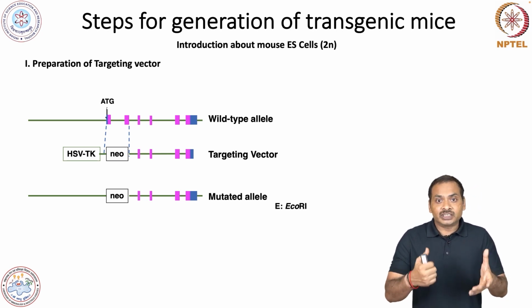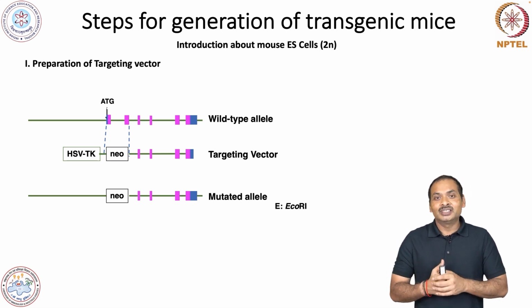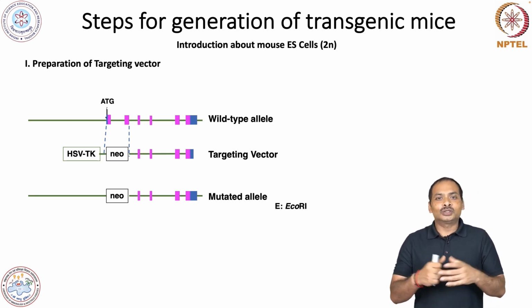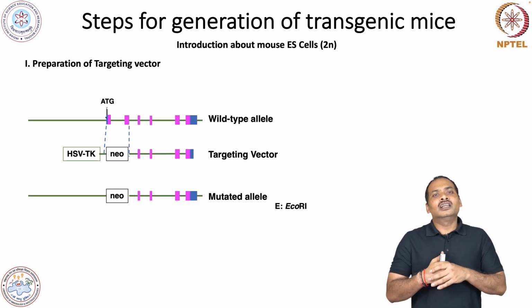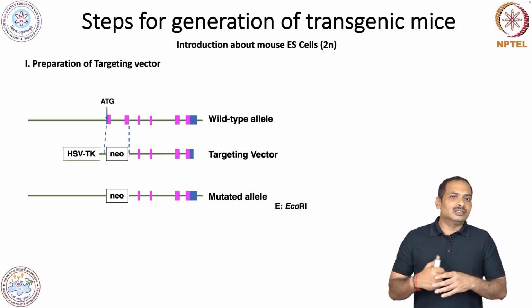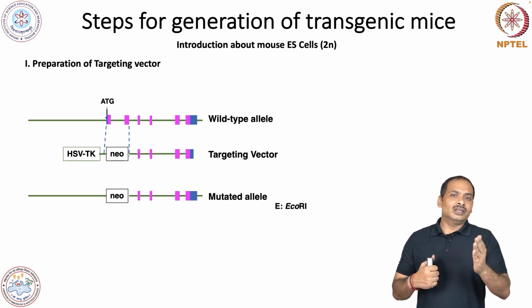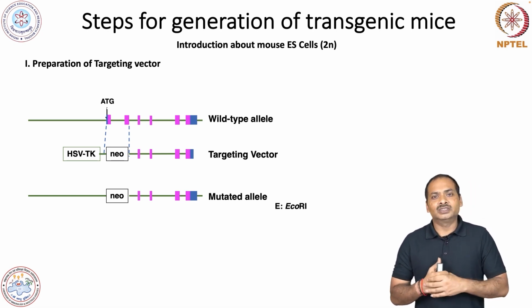So, if you are successful, then you will get it like that. And please remember one more thing: this is a diploid system, it is not a haploid system. So, the story will not end over here. There is another level of challenge, how to make it diploid. That is reasonably simple, but making a heterozygote, meaning one allele is mutant and the other allele is wild type, is itself a big challenge.